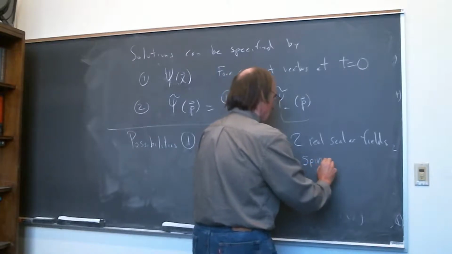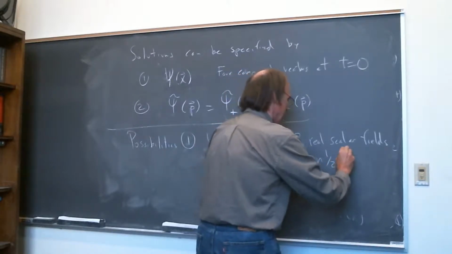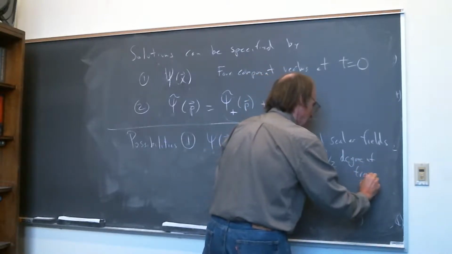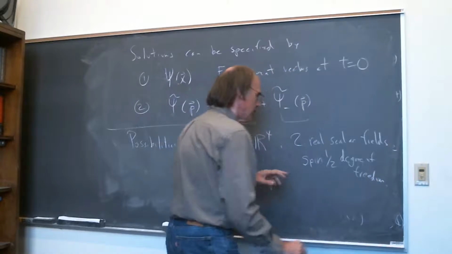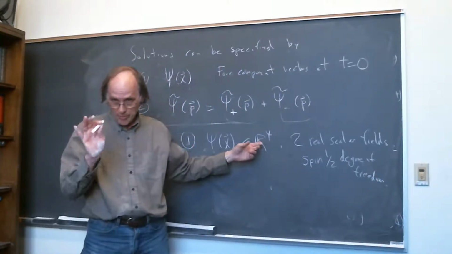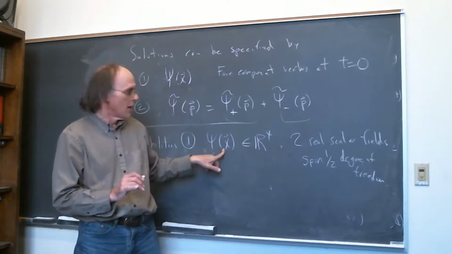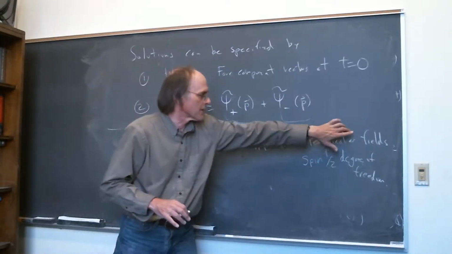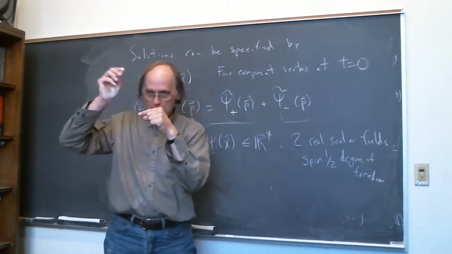It's a spin 1/2 degree of freedom. Remember, the phase space is 4-dimensional for each value of x, so this would correspond to two real scalar fields together with their corresponding momenta.